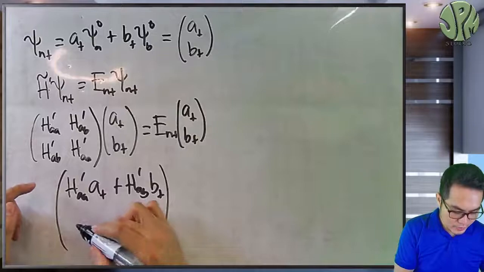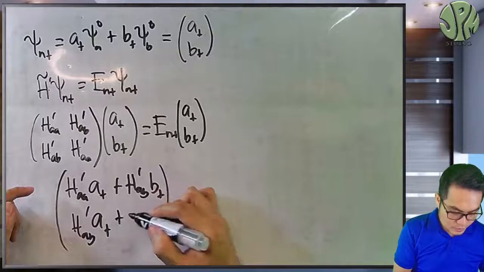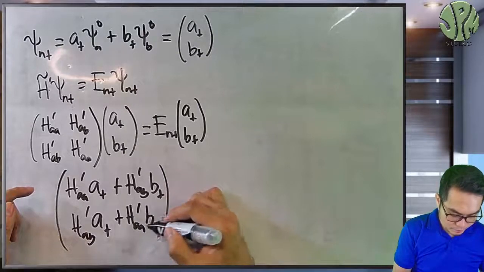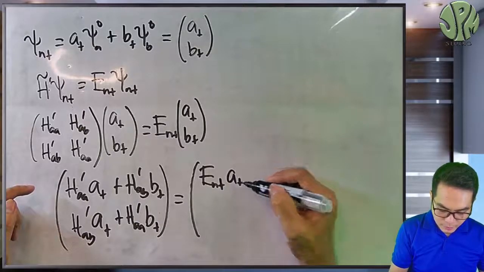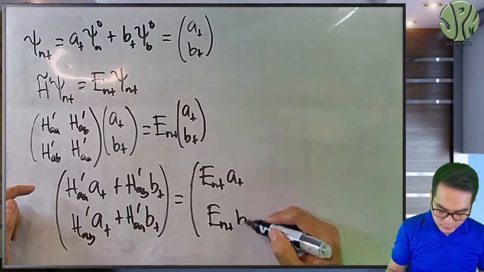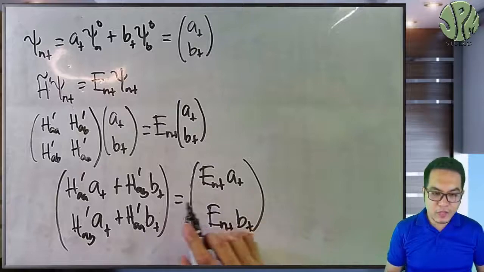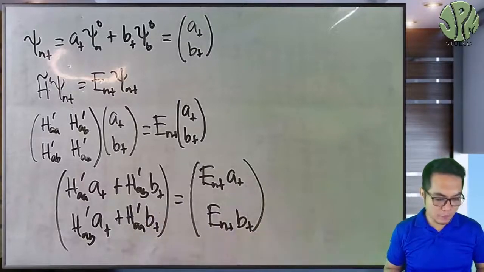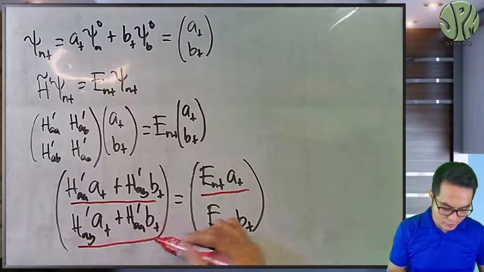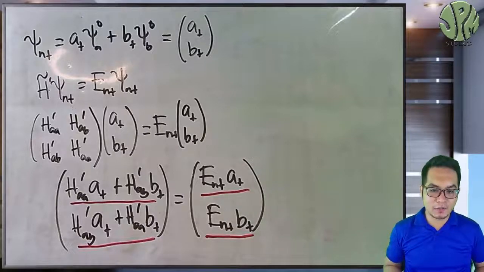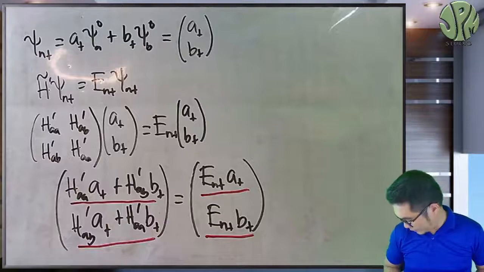The second element is HAB prime A plus plus HAA prime B plus, and this is equal to En plus A plus and En plus B plus. You have two matrices, you equate them, they're both equal, meaning their elements must be equal. This term is equal to that one, and that element is equal to that element. You can now solve for A plus and B plus, using two equations and two unknowns.